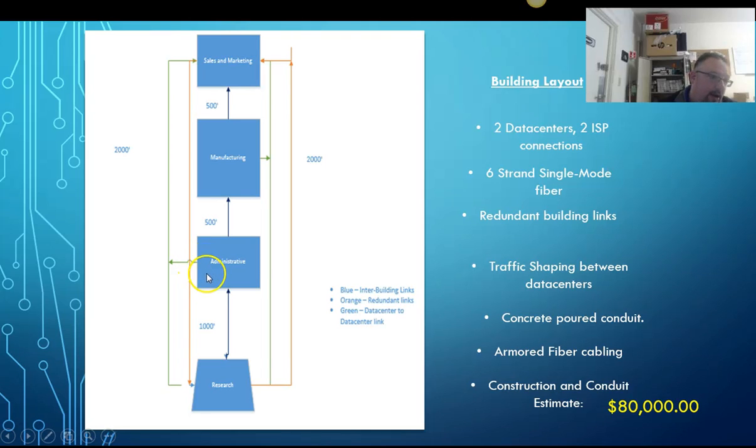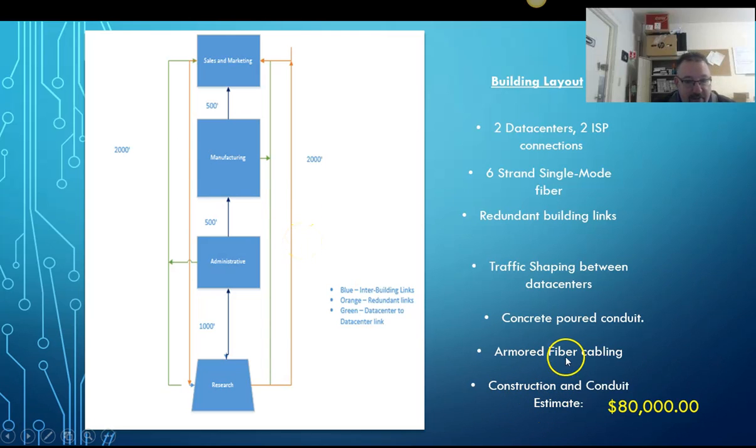I could then say, all right, for the administrative to talk to sales and marketing, instead of going this path and clogging up this pipe, which is already busy with traffic, why don't you come out here and use this path? That way I can ensure that traffic is always flowing and never hitting a choke point. That's what's important with redundant links.